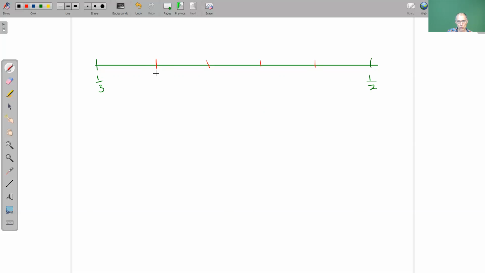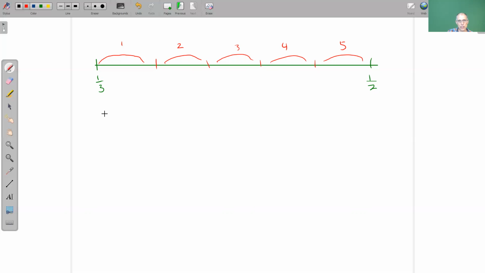So I want to know what this fraction and that fraction and that fraction and that fraction are, given that I'm trying to make all of these the same space in between. And so those 4 cuts give me 5 equal spaces. So there's space number 1, space number 2, 3, 4, and 5. So if I cut the space between 1/3 and 1/2 into 5 chunks, then I'll get 4 equally spaced numbers in between.